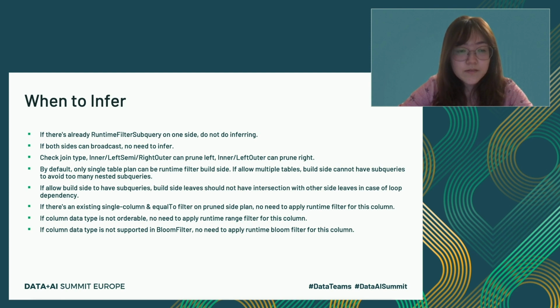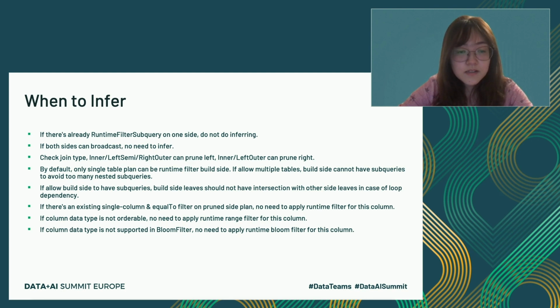We also have some limitation configurations. For example, by default, only a single table can be the runtime filter build side. If we allow multiple tables, the build side cannot have subqueries, to avoid too many nasty subqueries. If we allow the build side to have subqueries, the build side leaves should not have intersection with the other side leaves, in case of loop dependency.